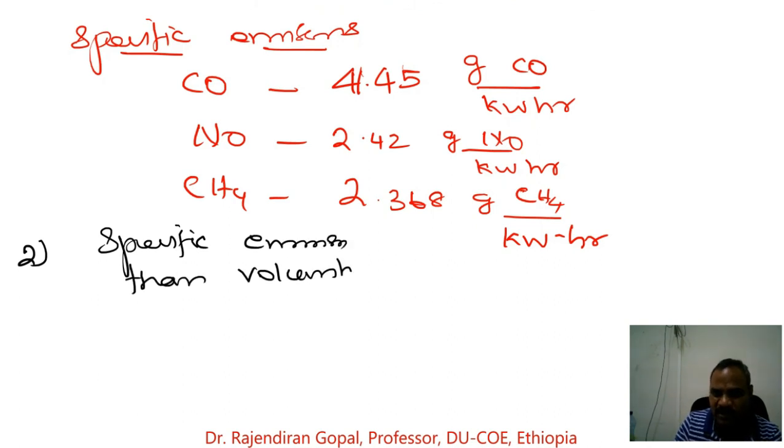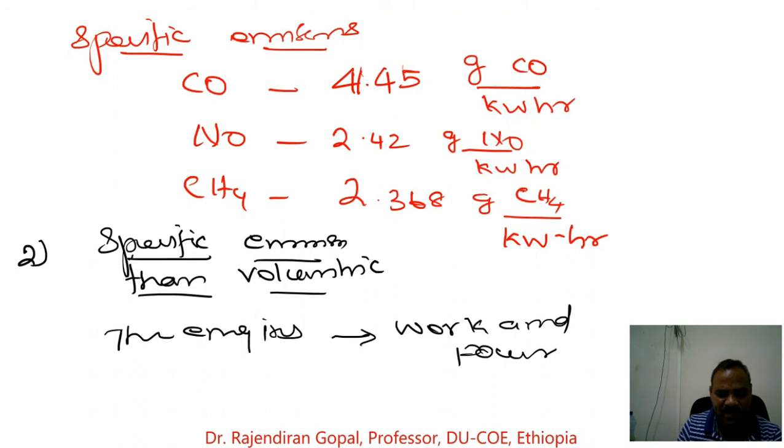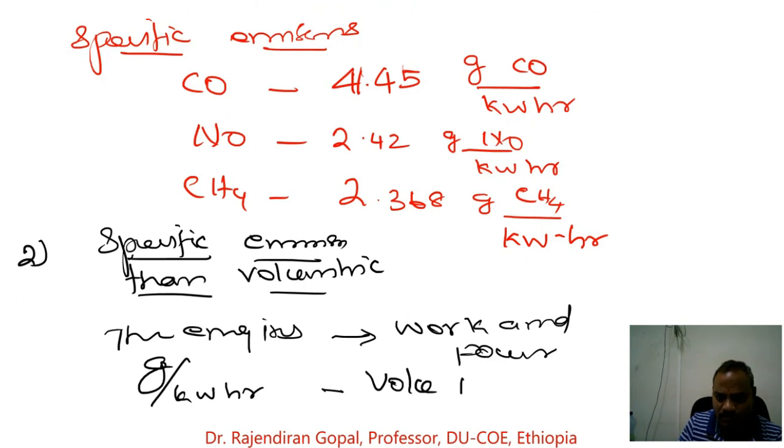The engines are supposed to produce work and power, so it is better to use this emission in terms of gram per kilowatt hour instead of volume basis. So it is preferable to use the work or power rather than the volume basis.